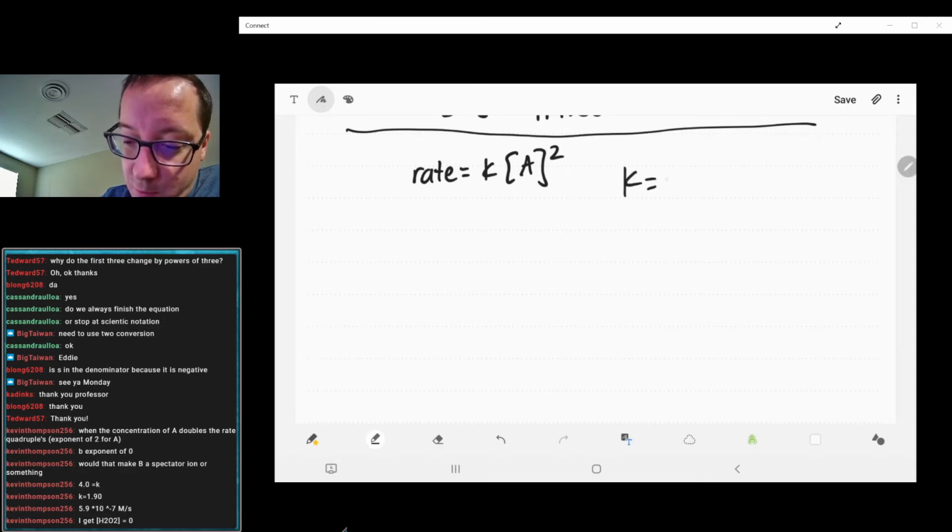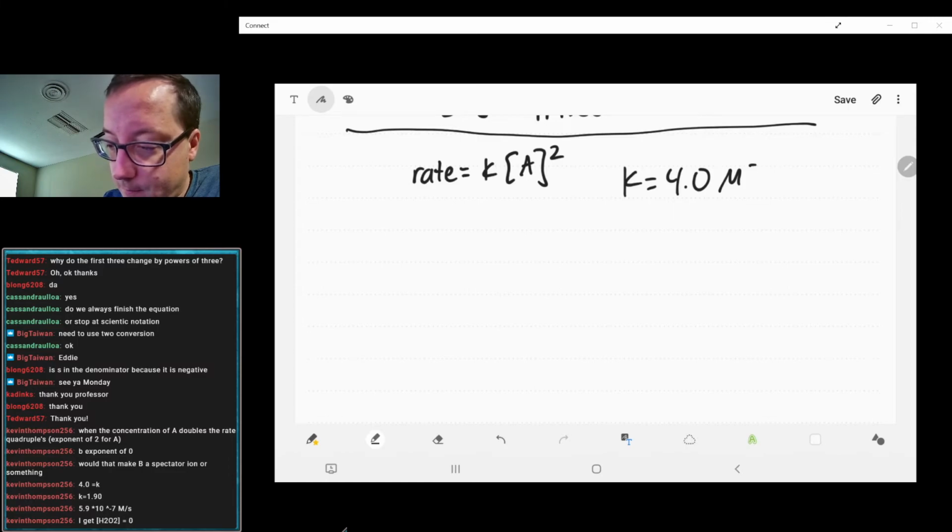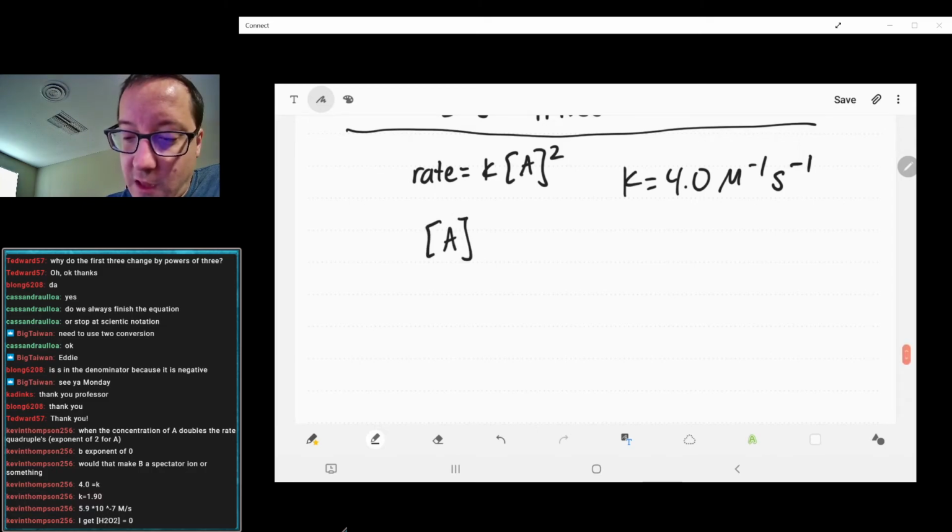So K was 4 per molar per second. Let's see what the concentration of A will be at 14.8 seconds. Or let's just say, let's mix things up.